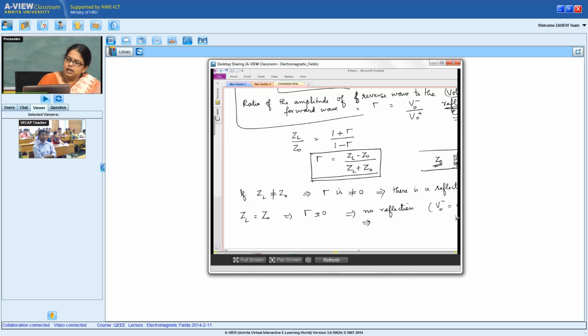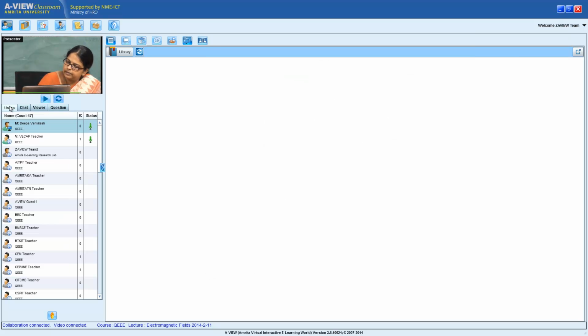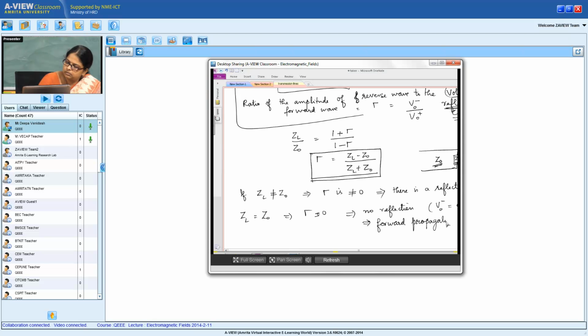I have only the forward propagating wave. It's as if whatever voltage the source is setting in is propagating in the forward direction and that is getting dropped at the load. Nothing unusual happening. But that happens only when ZL equal to Z0, whenever you are matching the load impedance to that of the characteristic impedance of the line.